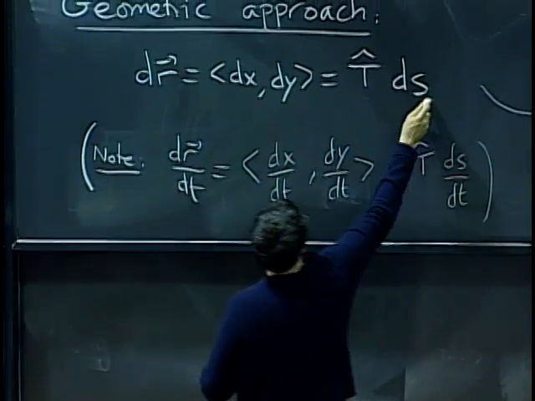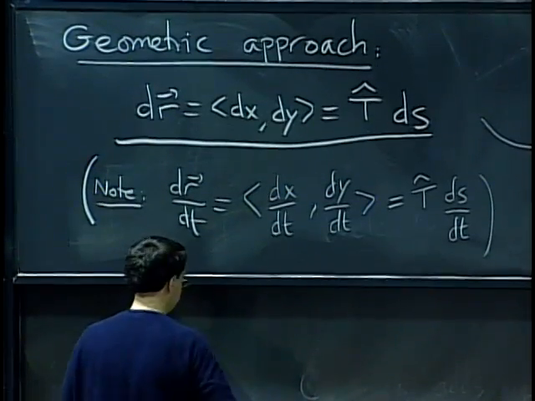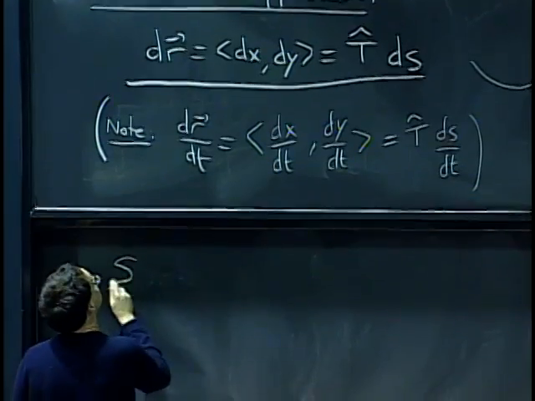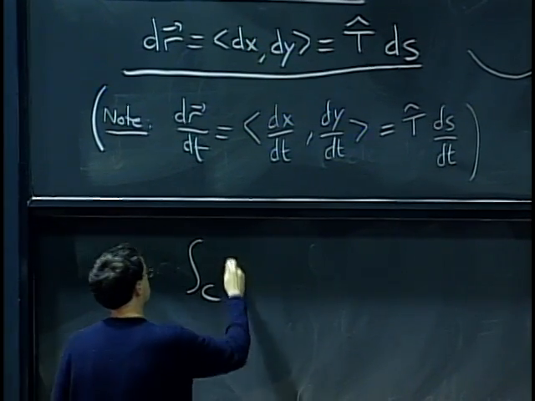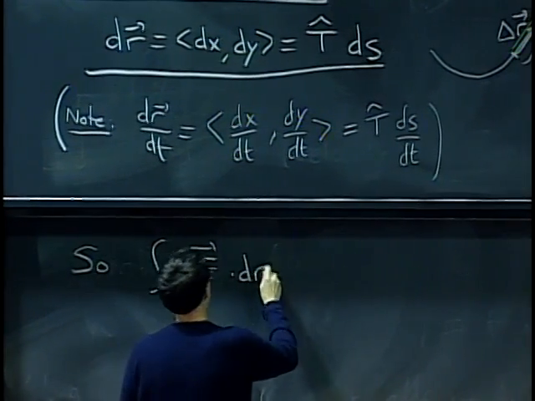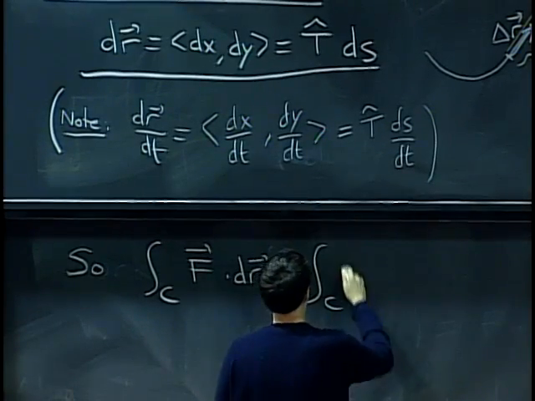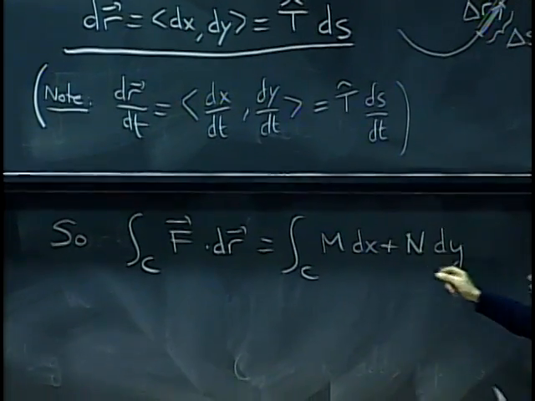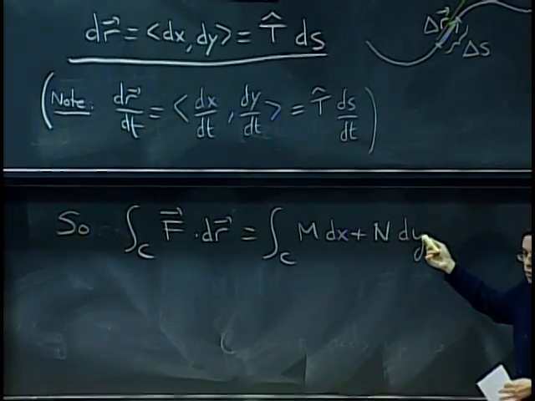Okay, so if I say this, that means that my line integral of f dot dr, well, I said I can write it as the integral of m dx plus n dy. That's what I will do if I want to actually compute it by computing the integral.